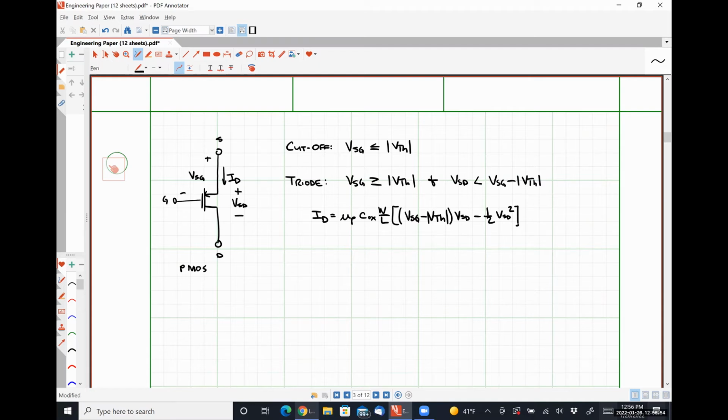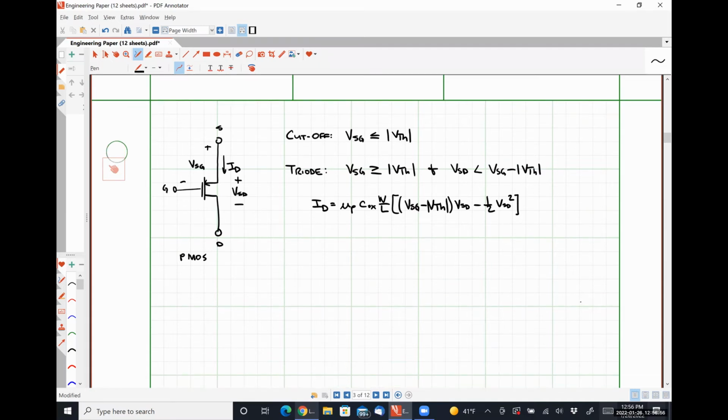For saturation, we again need to have the transistor turned on, so that's VSG greater than the absolute value of VTH. And we need the quantity VSD to be greater than or equal to our overdrive voltage of VSG minus the absolute value of VTH.